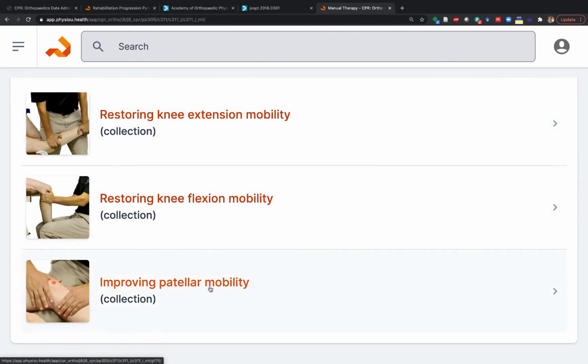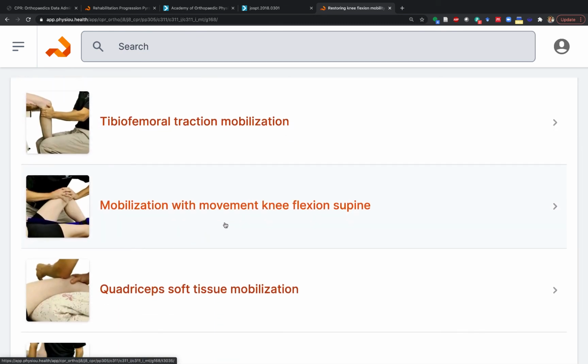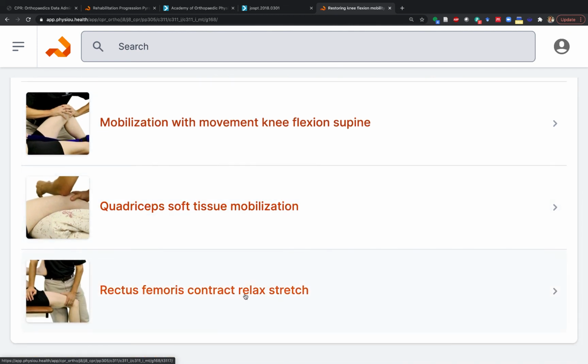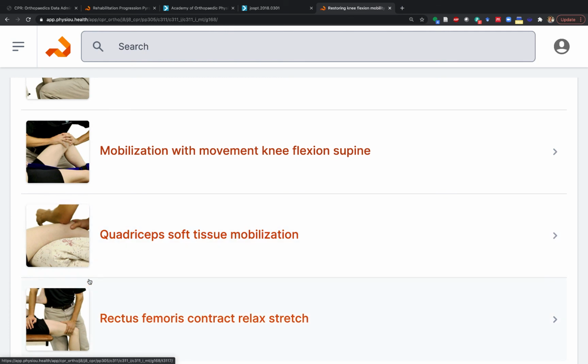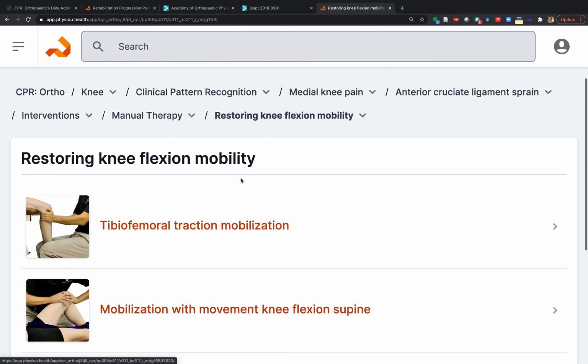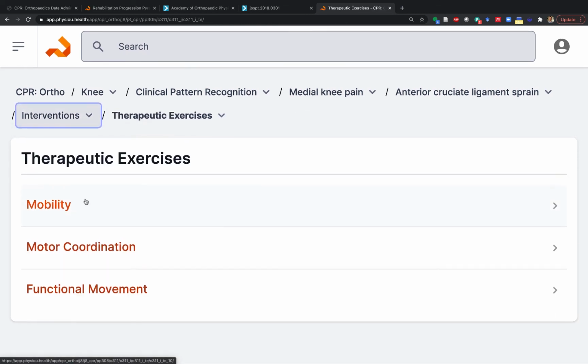All right, moving on. You can see there's improving patellar mobility, restoring knee flexion mobility, all of these techniques that you guys are going to learn in class. MWMs with the belts, soft tissue mobilization, contract-relax to restore mobility deficits of the tissues. Let's look at the therapeutic exercises.